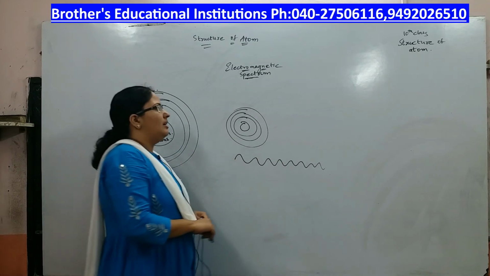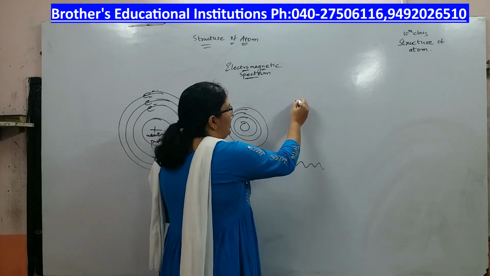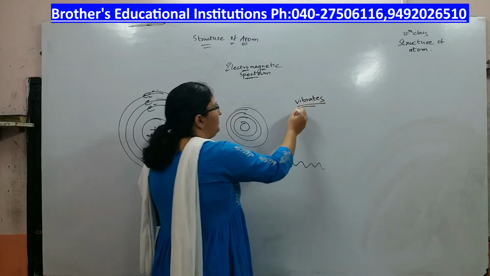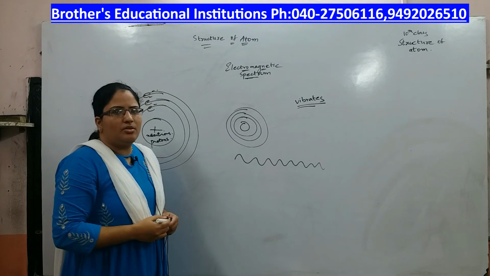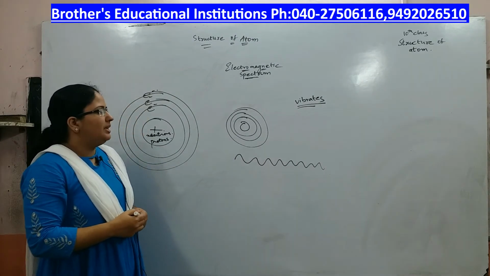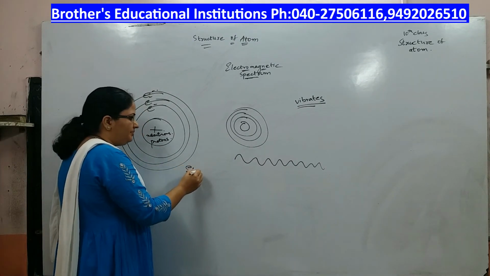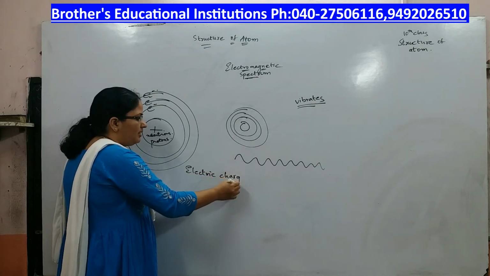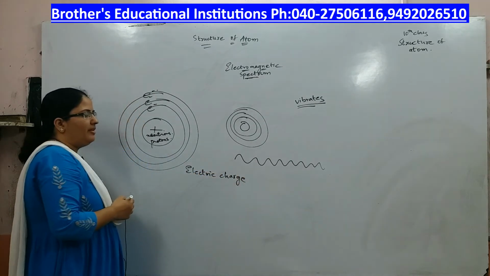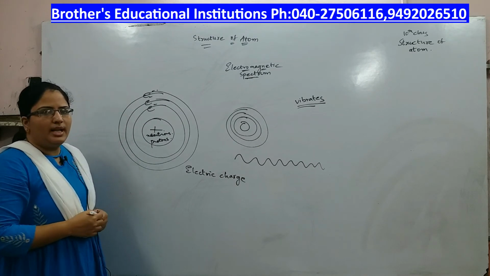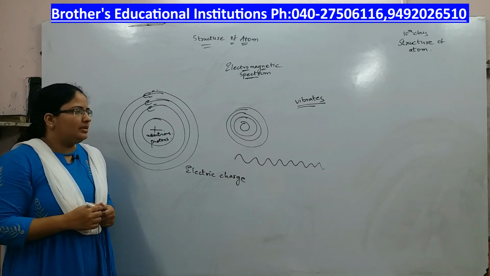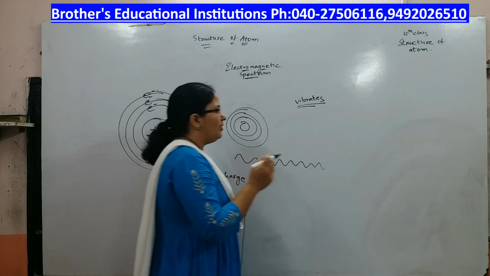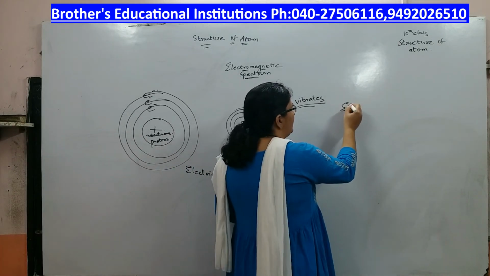Next, if any material vibrates, then it produces sound. Sound is also a wave. Similarly, if an electric charge vibrates, then you get a wave which is called an electromagnetic wave. In this electromagnetic wave, whenever the electric charge is moving, it creates a change in the electric field.